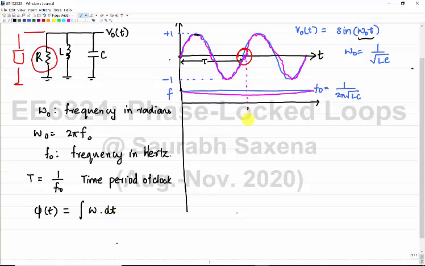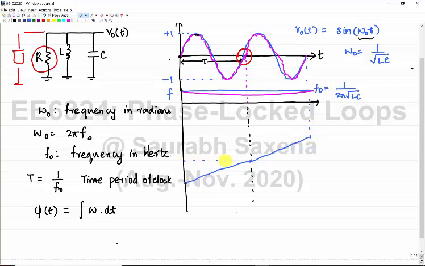Okay, so if I plot the phase of the signal, let us say it starts from 0. For an ideal sine wave, it will cover a phase of 2 pi in one time period, and then it will go to 4 pi in another time period.